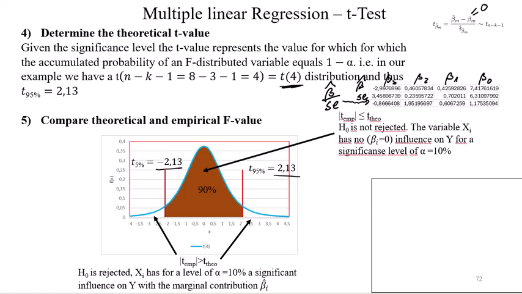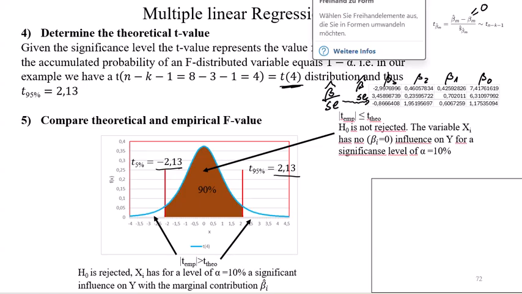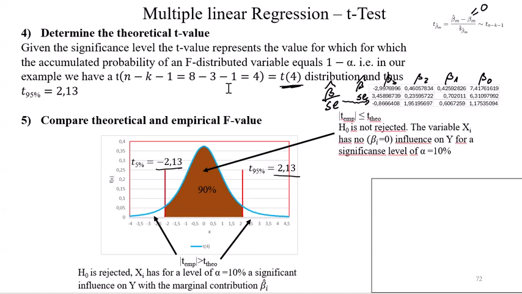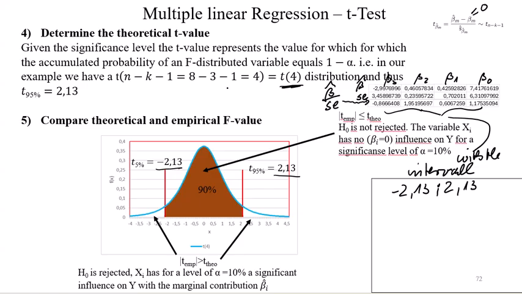And what we then see, and maybe this is also not that surprising, having performed already the F-test, where we found that we cannot reject the null hypothesis of an R squared equal to 0, is that here we are always within the interval minus 2.13, 2.13.